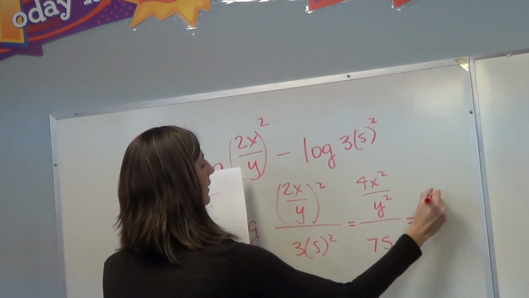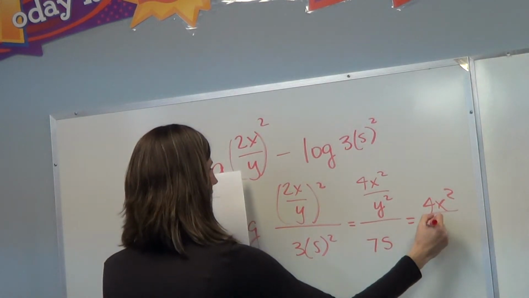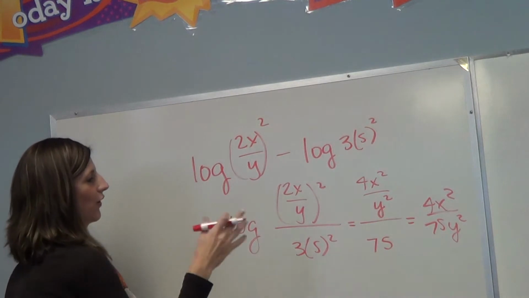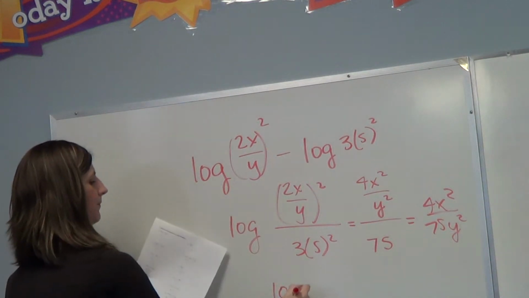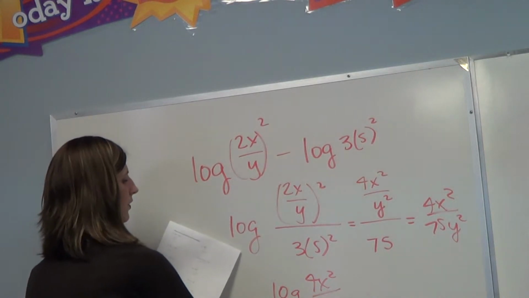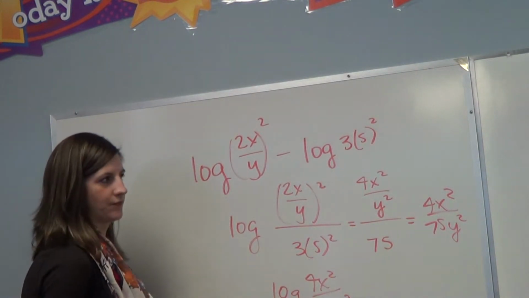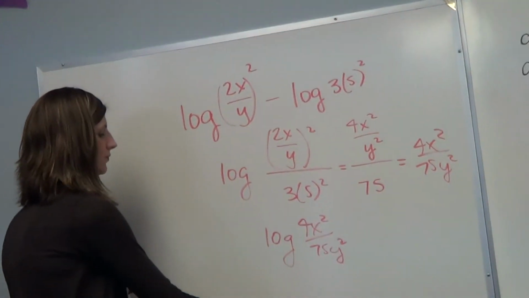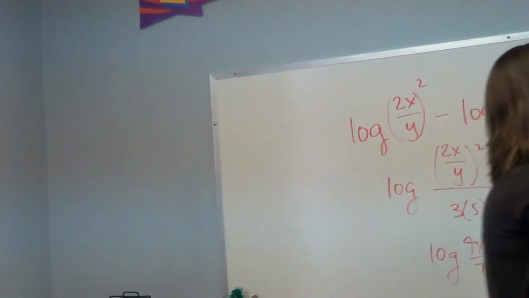And so that would be 4x squared over 75y. The log of that, obviously. So basically, I just didn't finish the problem.